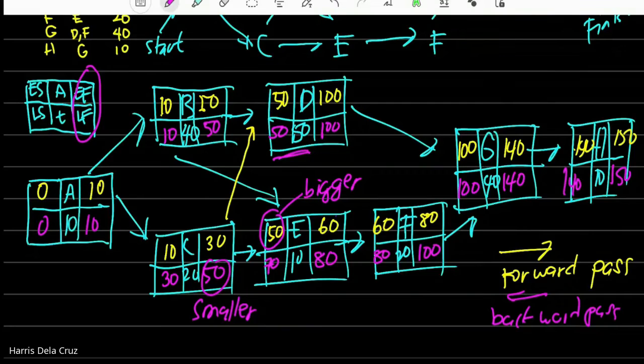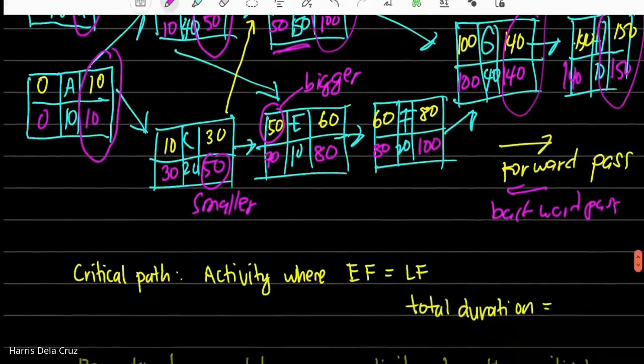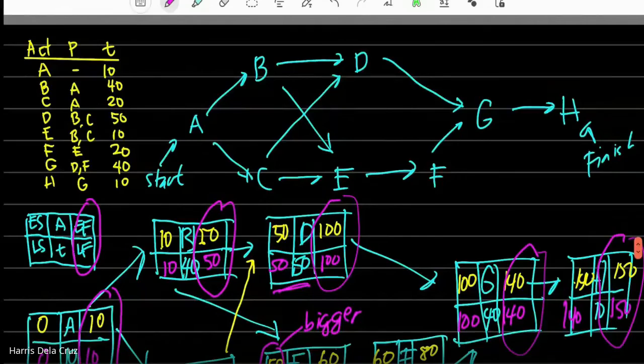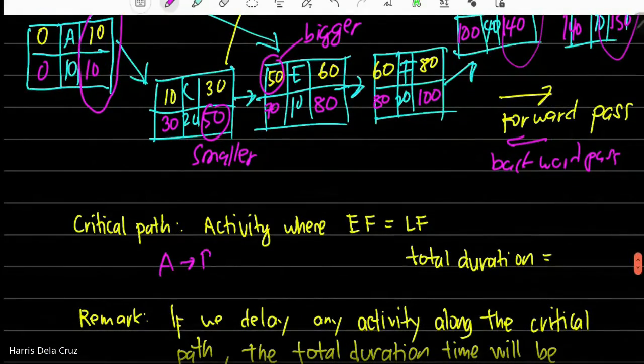Well, in our information, ito yung equal yung dalawa. Ito, ito, tsaka this one. So, that means, yung path na yon critical. So, anong path yon? Those are the path from A to B to D to G to H. So, this path are critical.